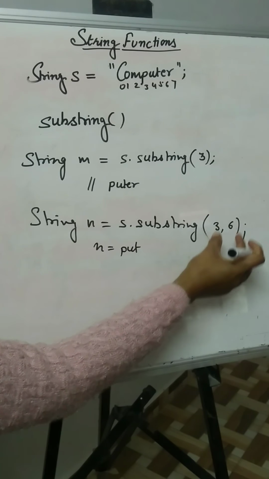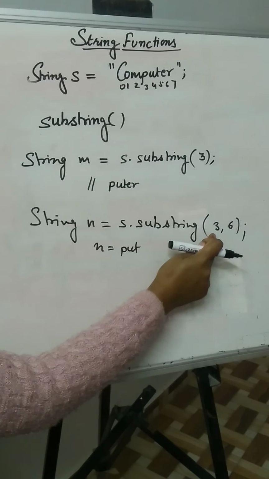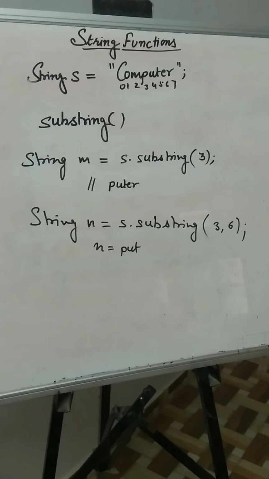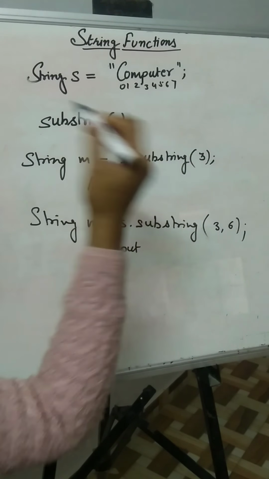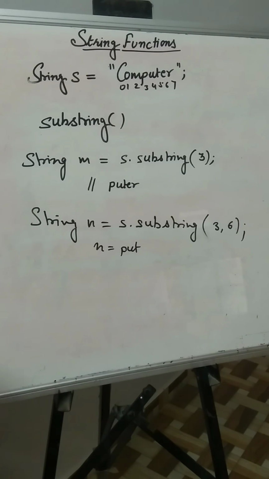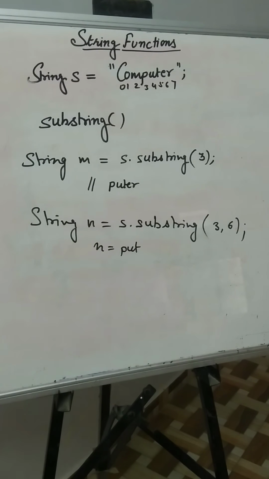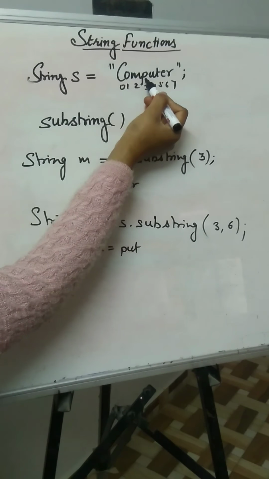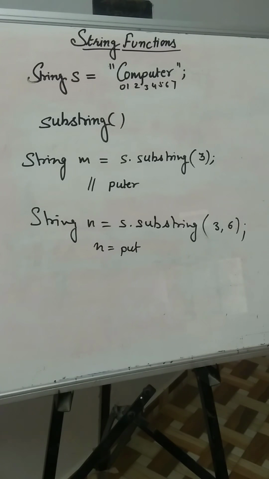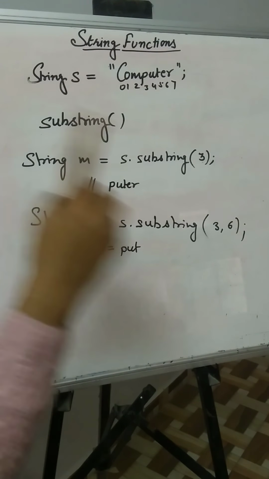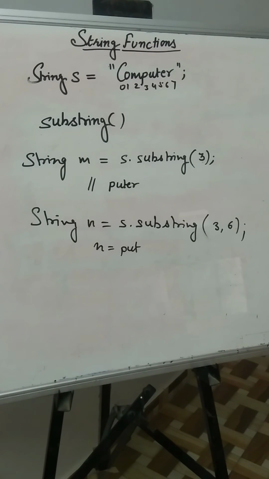If we write two index values, it will start with the first index value and stop before the given index value. Here we gave 6, so it will exclude the 6th position character and print the 3 to 5 index characters. So the 3 to 5 index characters are P-U-T. Or if we write only one index, it will start from that index position to the last. That's the substring function. It is used to extract a part of the string. Clear?